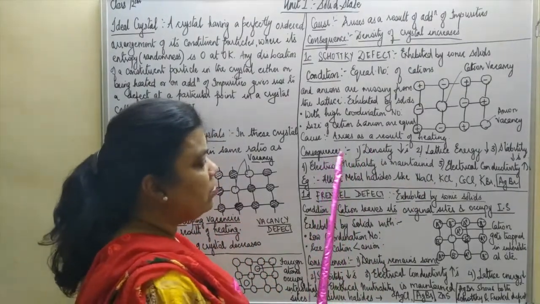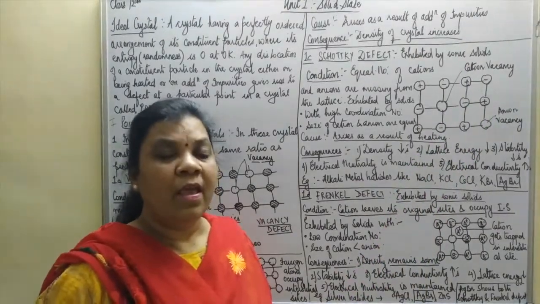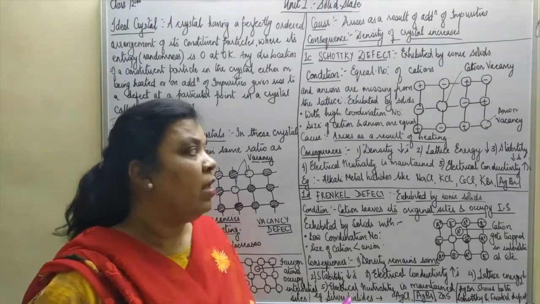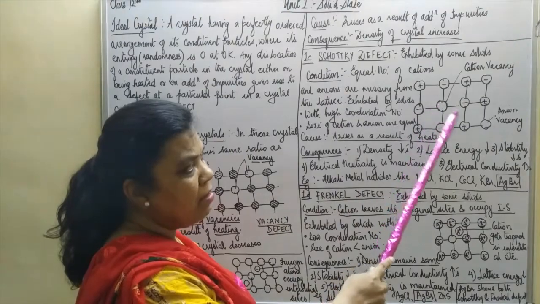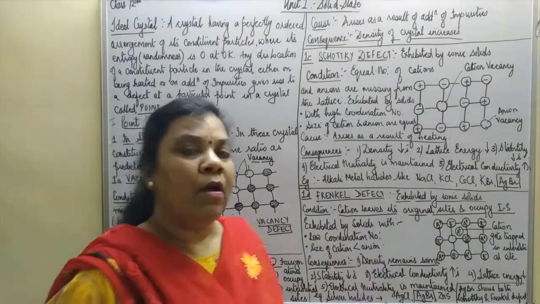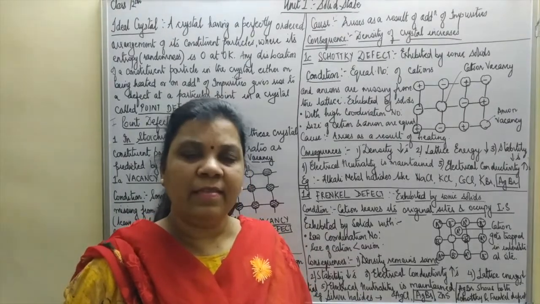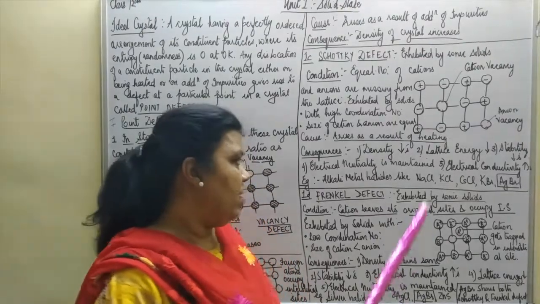Remember. Consequences: since vacancies have been developed in the crystal, what will happen to the density? The density of the crystal will decrease. Lattice energy: since the ions are missing, the electrostatic forces of attraction will decrease and hence the lattice energy of the crystal will also decrease.